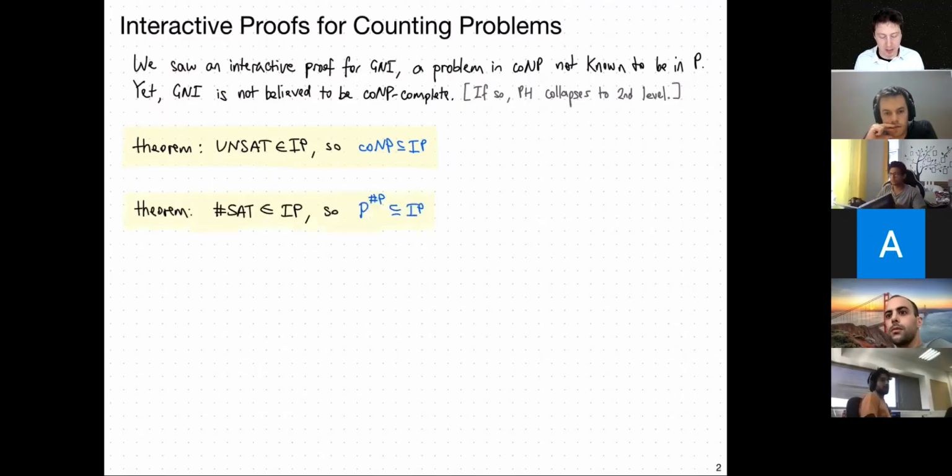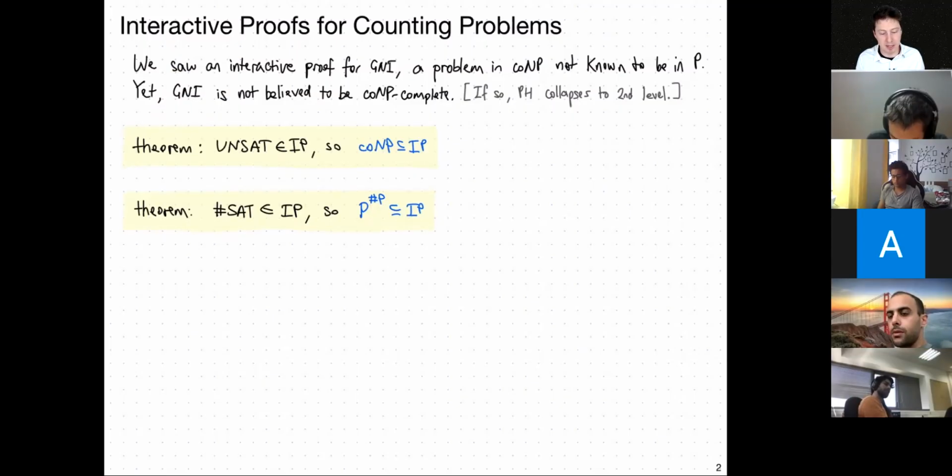In fact, basically almost the same proof will take us much farther. We'll show that #SAT, which is counting the number of satisfying assignments to a Boolean formula, has an interactive proof. Notice that #SAT has as special cases SAT and UNSAT, because SAT is when this number is greater than 0, and UNSAT is when this number equals 0.